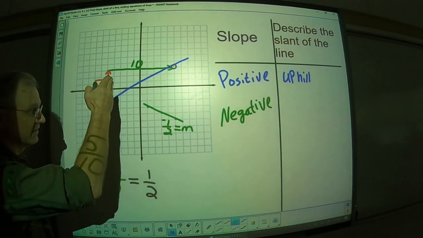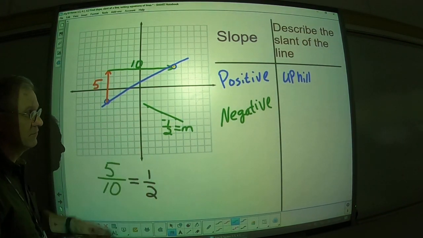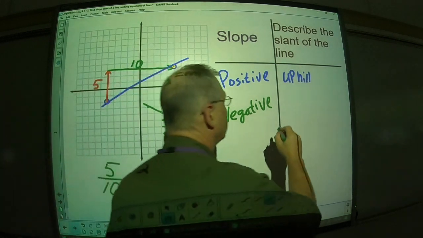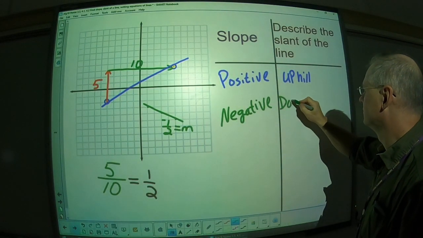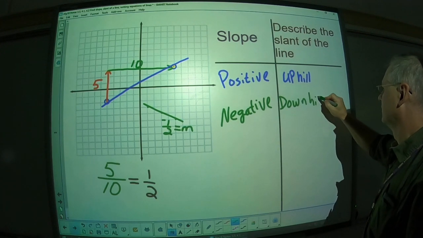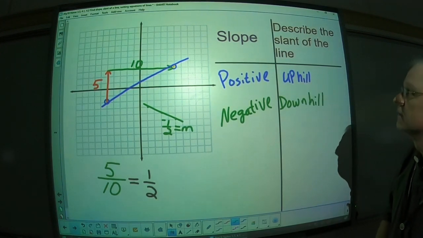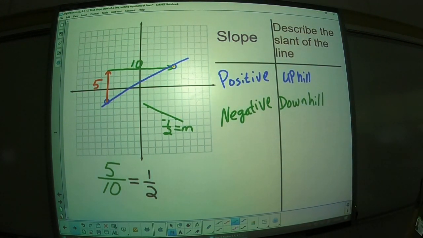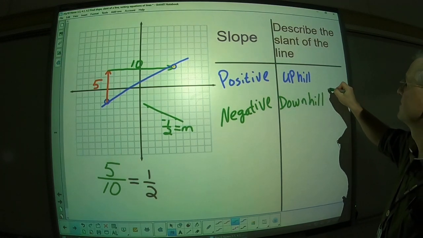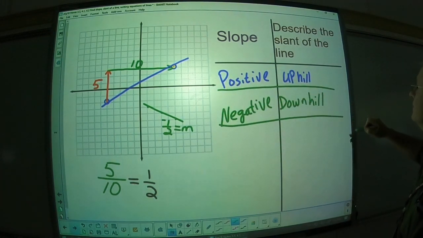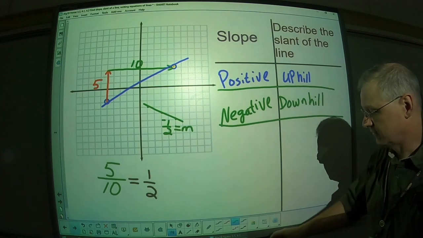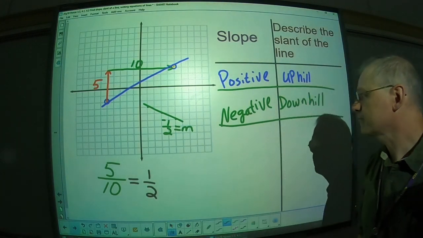Okay? Every time I go down 1, I go to the right 2. That would be a -1/2, and that would be a downhill. Or falling, sometimes is used, and that would describe the slant of a negative slope.